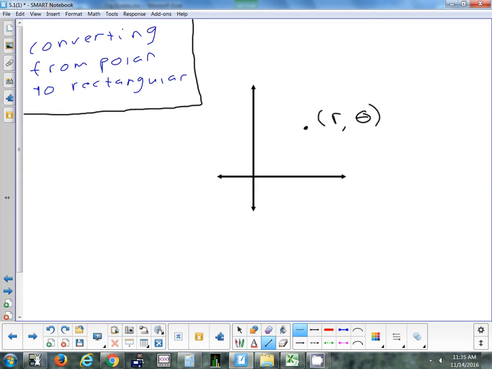Okay, so here's a point. It has a radius, which I'll call r, and it has an angle, which I'll put right there. So my goal is, instead of writing it as a radius and an angle, I want to figure out how far to the right and how far up. Or it could be left, doesn't matter.